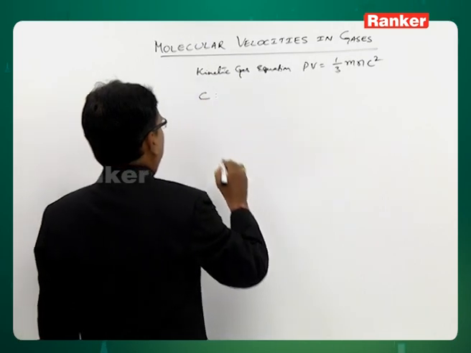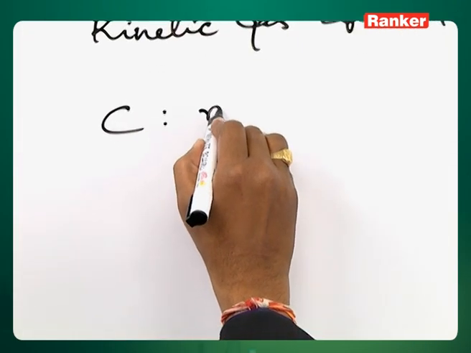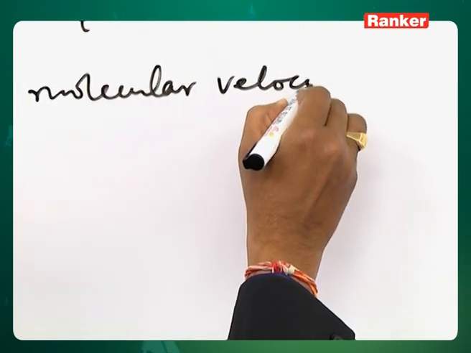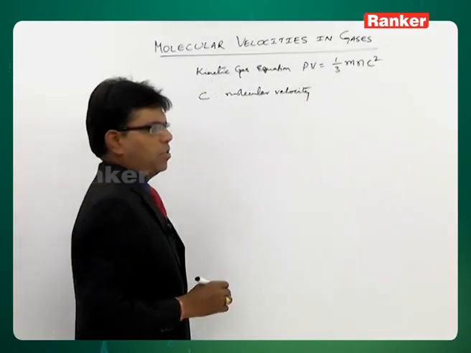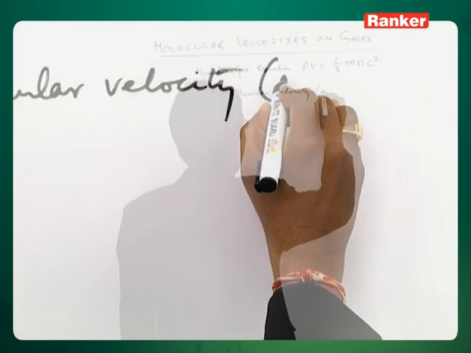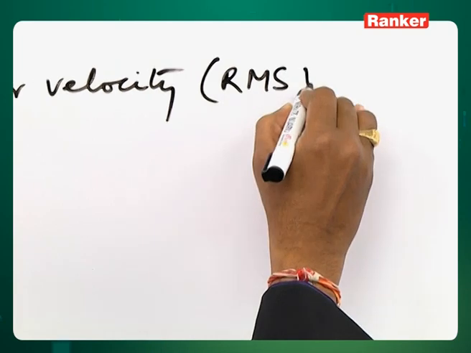C is the molecular velocity, that means velocity of gas molecules, and here specifically it is RMS velocity.